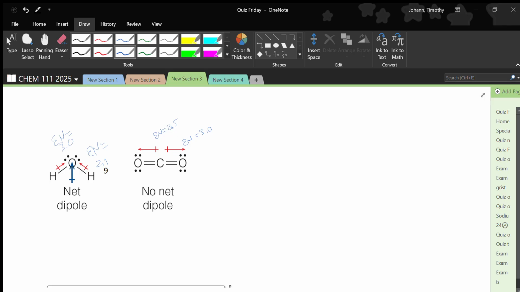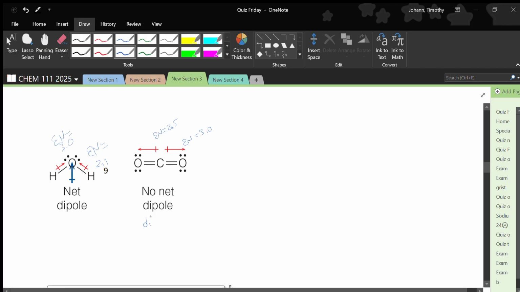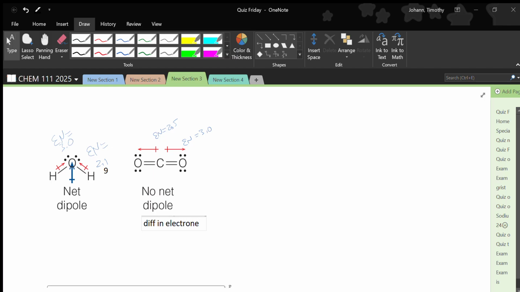Let's go ahead and write down the differences too. The difference in electronegativity equals, this one's going to be 0.5, so this means we have polar bonds.